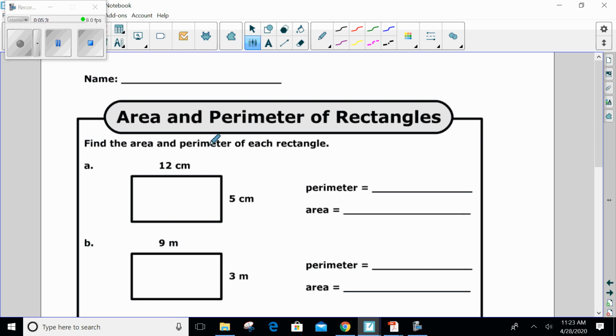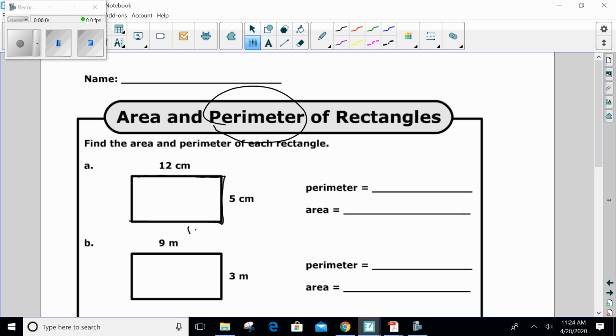You can do this. First off, let's do our perimeter. You're adding all the sides. 12 plus 5. Oh, wait a minute. If I only did that, my cows are going to get out of my pasture. I have to go all the way around.